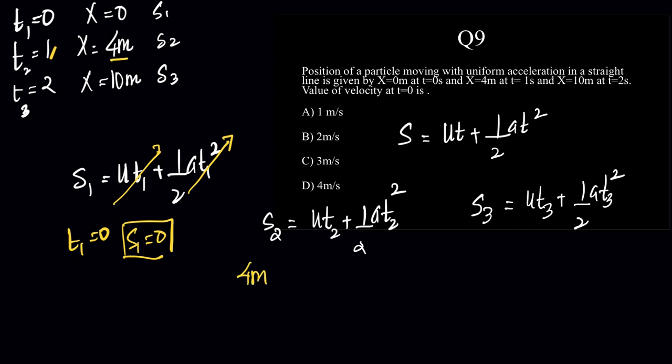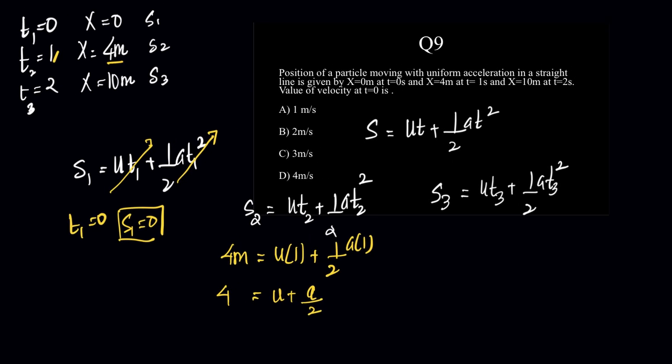So 4 meters would be equal to u into 1 second plus half into a into 1 square. So basically what we get is 4 is equal to u plus a by 2. So if I take the LCM and cross multiply, what we get is 8 is equal to 2u plus a. Let me mark this as equation number 1.